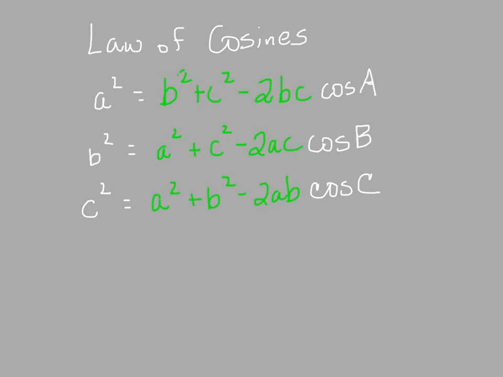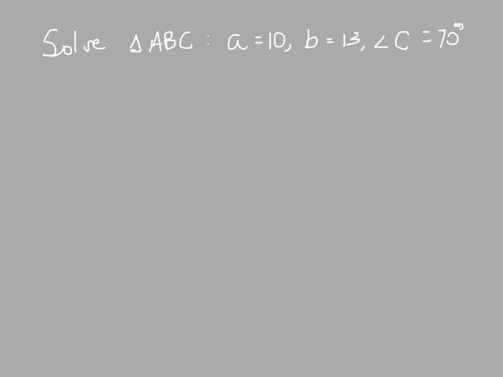So we're going to solve some triangles using the law of cosines now. Okay, we're going to solve triangle ABC. I've given you two sides, A and B, and the angle that's in between them, angle C, and it looks something like this. So if this is side A, side B, side C, the angle opposite side C is angle C. So we know that this is 70.